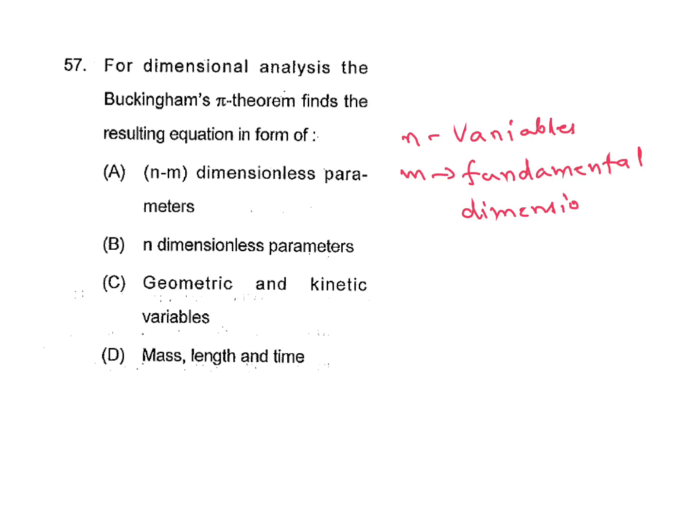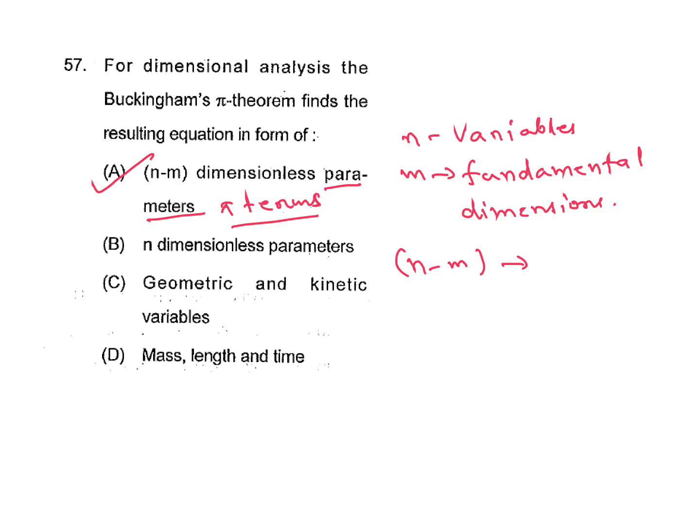Then we will get n minus m dimensionless pi terms or parameters. Sometimes in the options they will give pi terms. So A is our answer. Number of variables minus number of fundamental dimensions is equal to number of pi terms. This one was asked in GATE also.